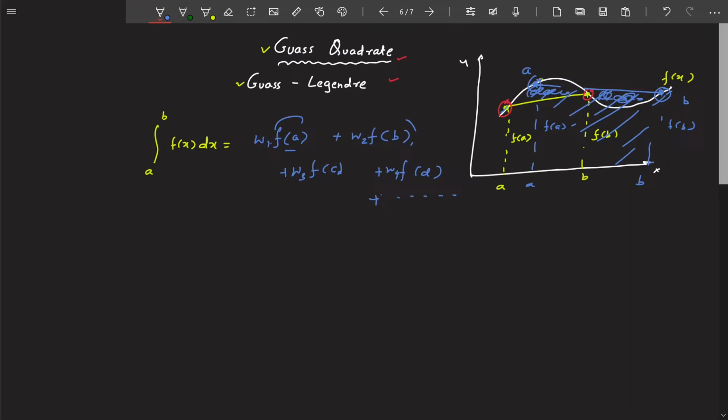That is why Gauss Quadrature is also known as an open method, because the endpoints are not fixed. We have a choice of placing the endpoints where we want.